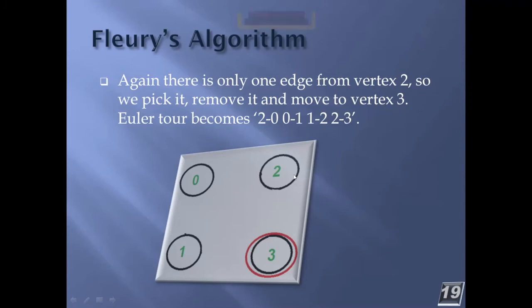The Euler path becomes 2 0, 0 1, 1 2, and in the end 2 3. Note that we traverse every edge exactly once. This is the main definition of an Euler path.